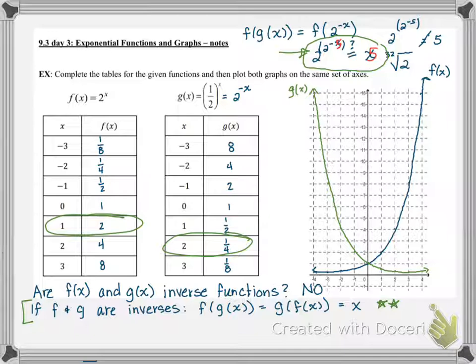That 2 to the x is the reciprocal of 2 to the negative x. Whereas if I did y equals 4x and y equals negative 4x, that's also a reflection over the y-axis, but those are certainly not reciprocals of one another. For the same reason, because we use the opposite input. But using the opposite input did not create a reciprocal in that situation.